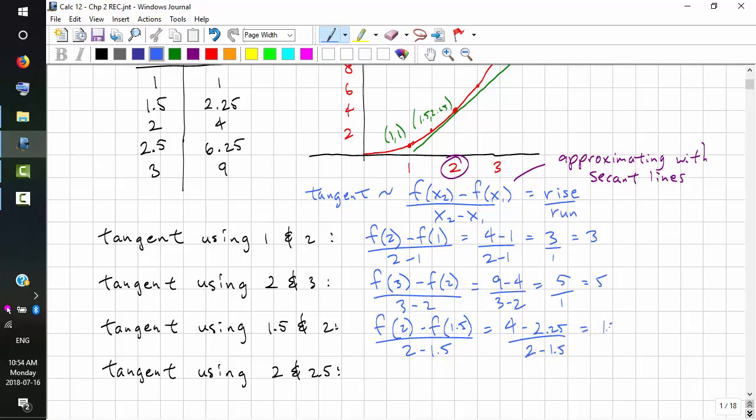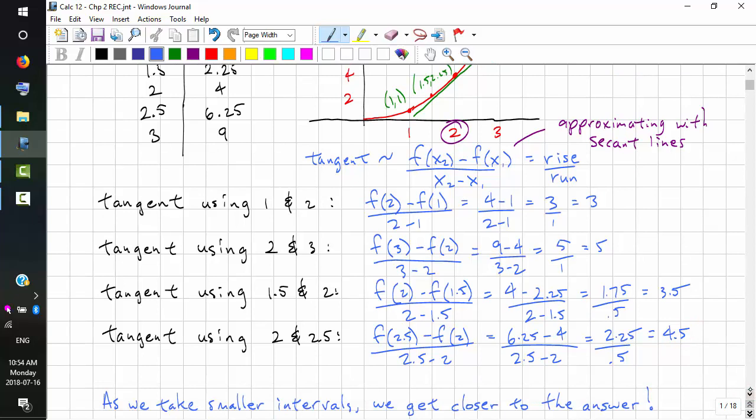That's 1.75 over 0.5, and we get 3.5. And last, f of 2.5 minus f of 2 over 2.5 minus 2, and we get 6.25 minus 4 over 2.5 minus 2. That's 2.25 over 0.5, and we get 4.5.